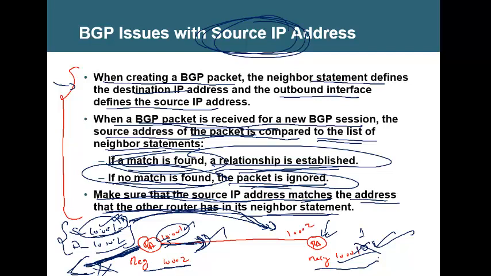But here you no need to say the source address. The source address is dynamically picked up by looking into the routing table. In order to go to 10.0.0.2, the outbound interface will be, let's say, F0/0. The routing table will find that interface, and the address on that interface will be taken as the source address automatically.